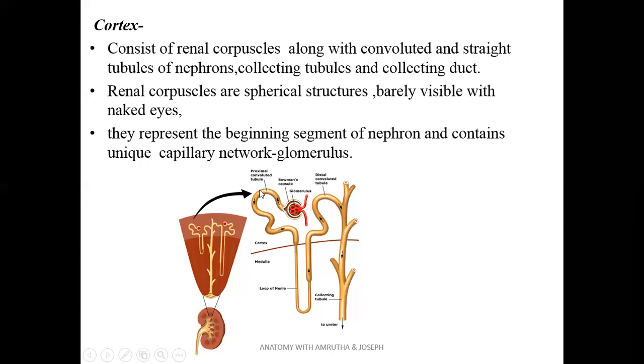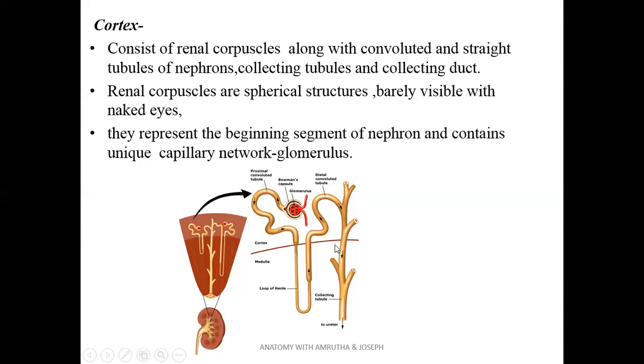The tubule which starts from it is the PCT, proximal convoluted tubule. It continues in the medullary region as the loop of Henle, again reaching the cortex and forming the distal convoluted tubule and collecting duct, entering into the collecting tubule. Anyway, I'll be explaining about this in later slides.